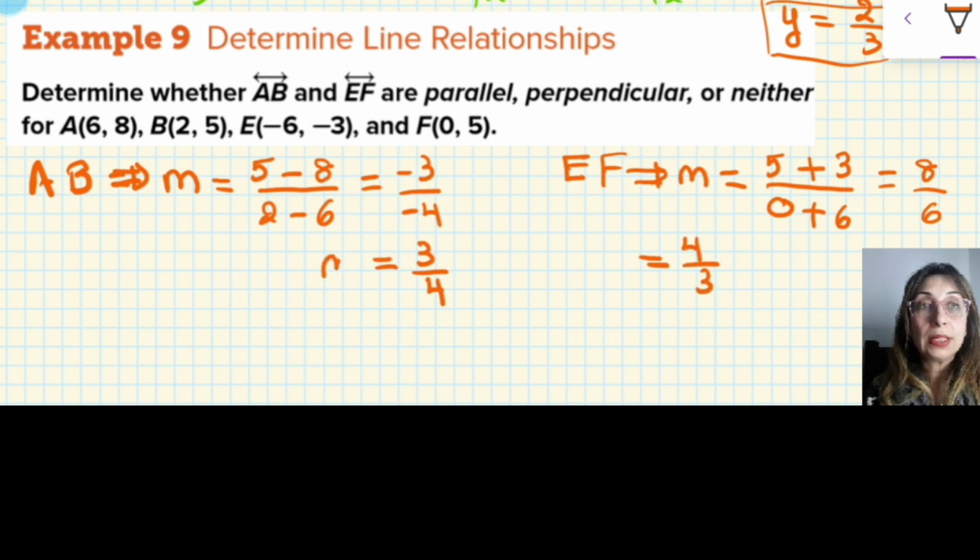Now look at this slope and this slope: 3 over 4 and 4 over 3. They are reciprocals of each other, but they do not have opposite signs, so we cannot say they are perpendicular. And of course they are not parallel because they are not the same. So it is neither parallel nor perpendicular.